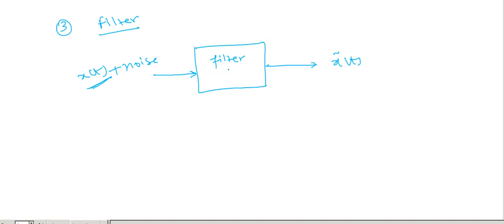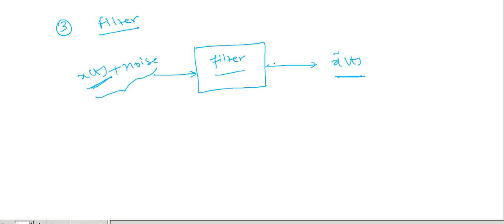Okay, so this is an example of a system. This filter is a system which performs some operation on this input signal, which is x of t, signal plus noise, and it removes the noise and produces a signal which is close to the original signal x of t.